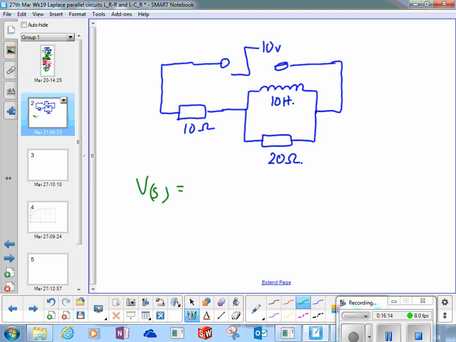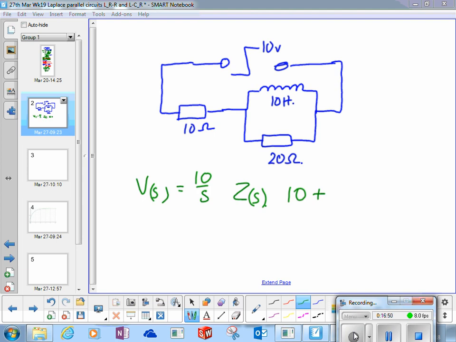Vs is K over S. Write me an initial expression for Zs. I've got to include this: 10 plus, we've got to do product over sum with them, haven't we?